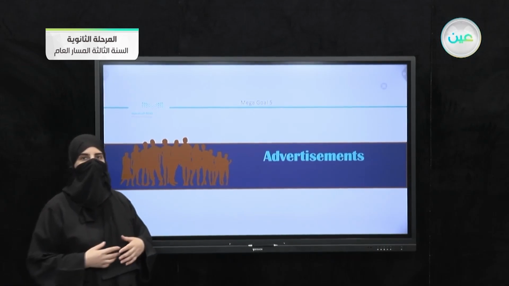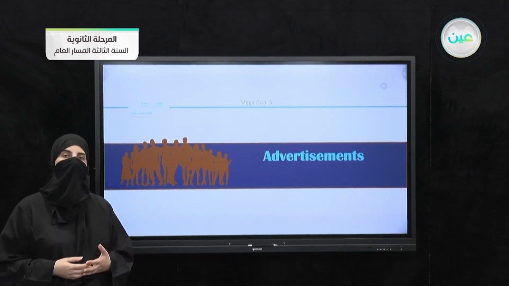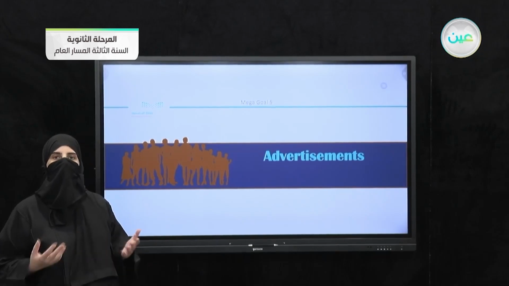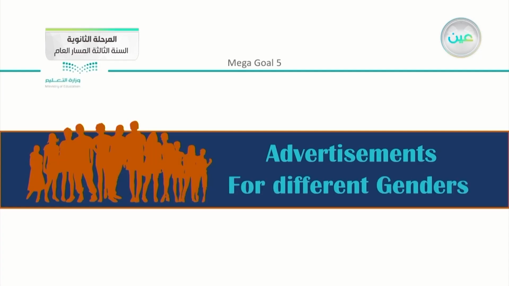They can be for older people, for young people or children, for mothers, for family, for teenagers or younger people. So there are different types of advertisements, and of course they can be for different genders.